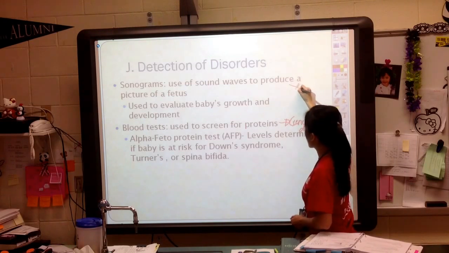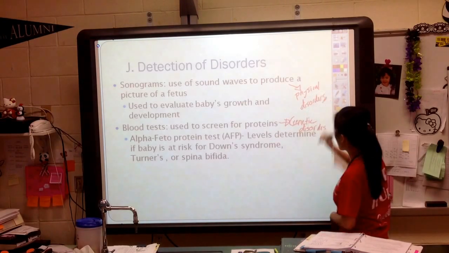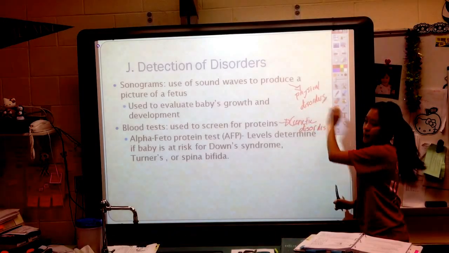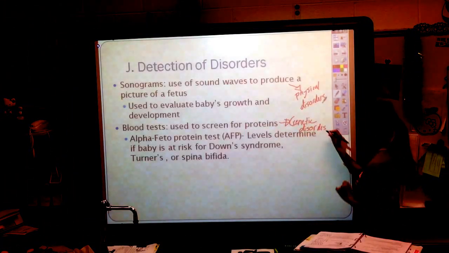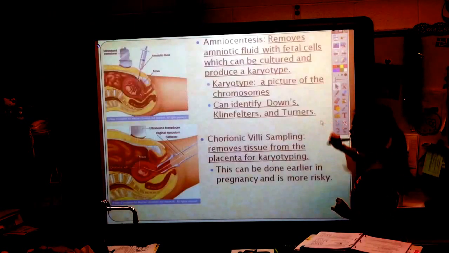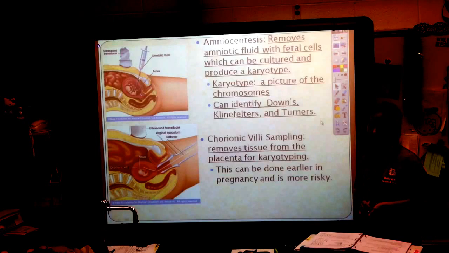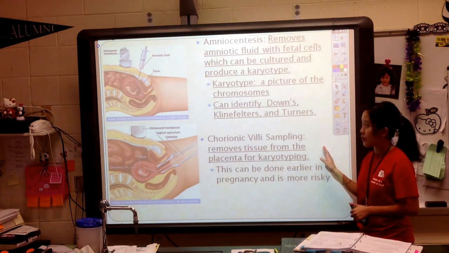The sonograms are going to be used for physical disorders. Okay, if we can see physical problems in the picture, blood tests we can figure out just genetic disorders. And then we have two others called amniocentesis and chorionic villi sampling.